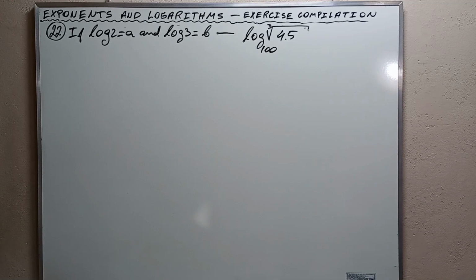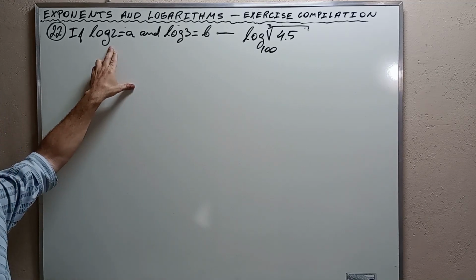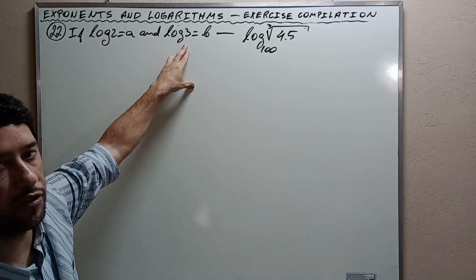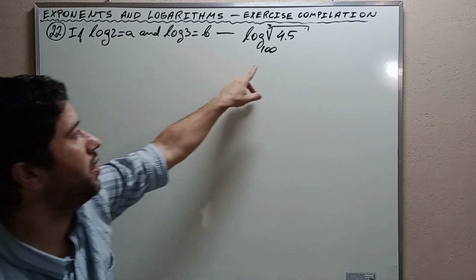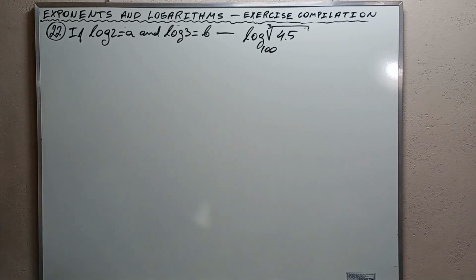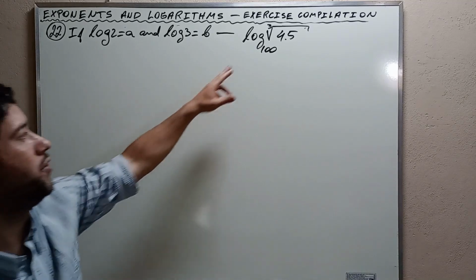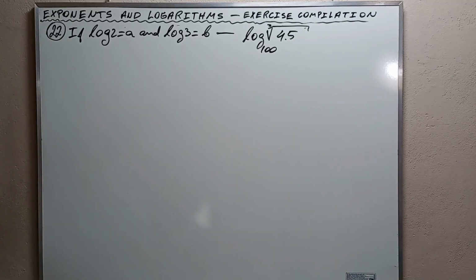The solution of this exercise consists of, firstly, understanding that they are of different bases. This is base 10 and this is base 100. We have to convert this to base 10 before solving, and this is going to be our first step.